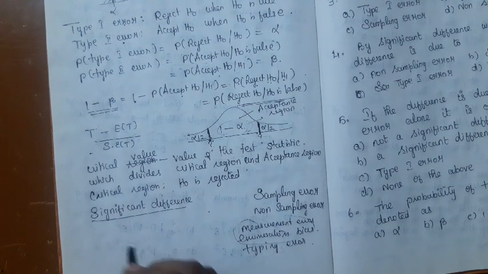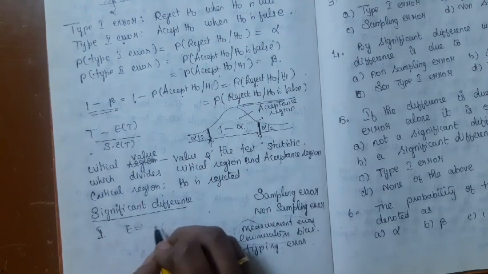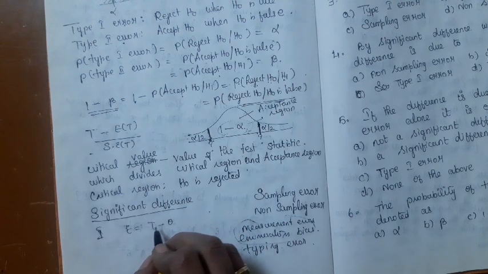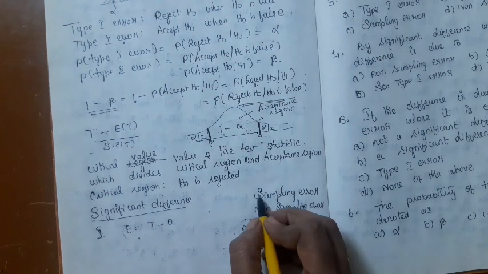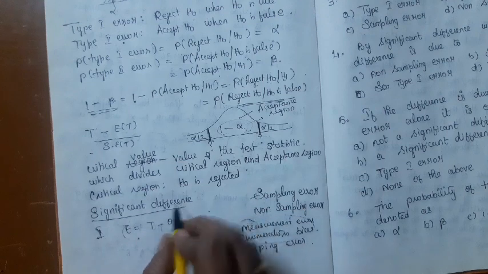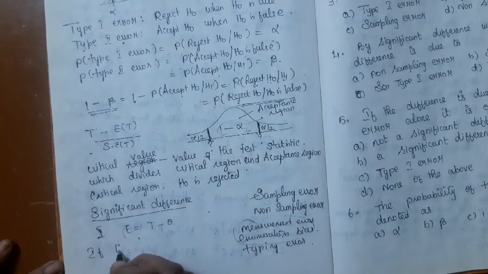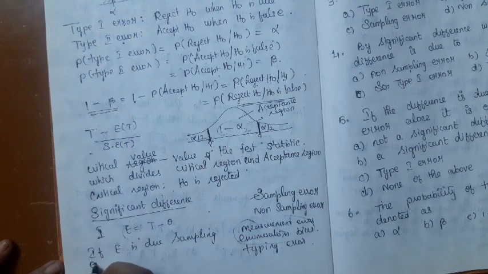Now, what is error actually? Error is the difference between the statistic value and the parameter, which you cannot avoid. If this error is due to sampling error, the difference is not significant.